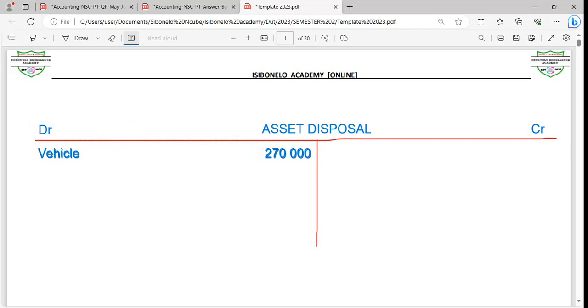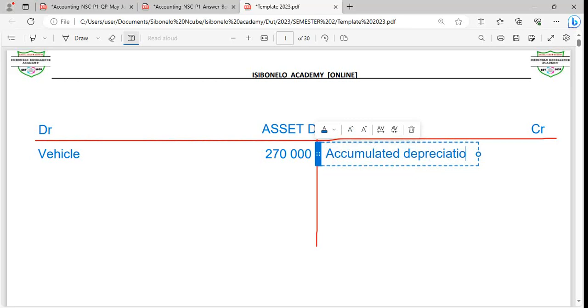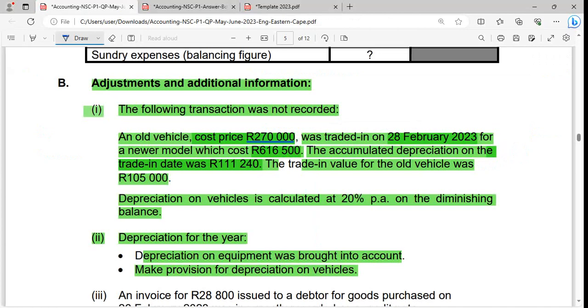And then on the credit side of asset disposal, you disclose the accumulated depreciation of the disposed assets. So this is also given in the question.